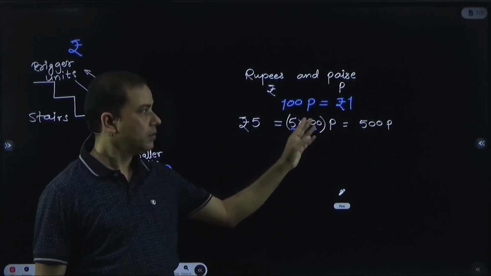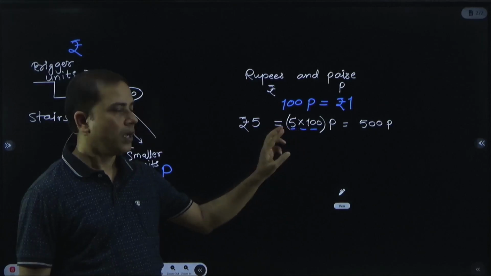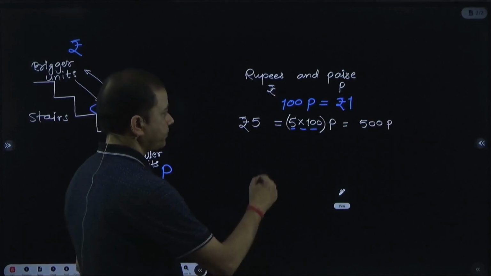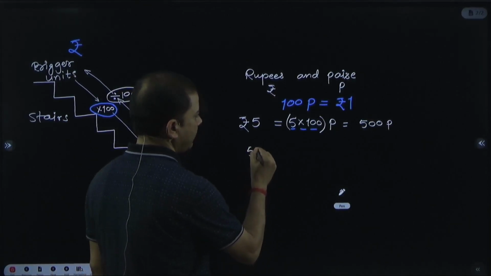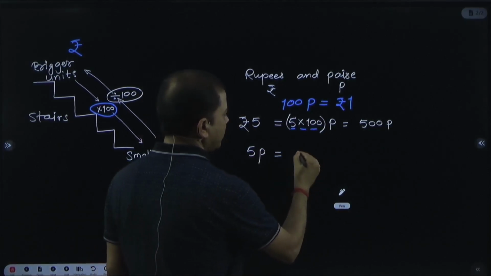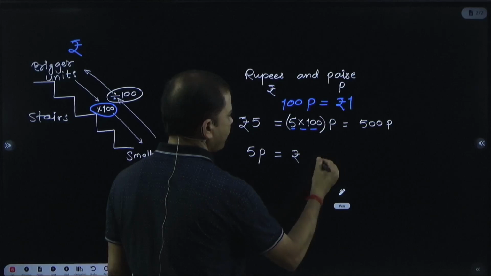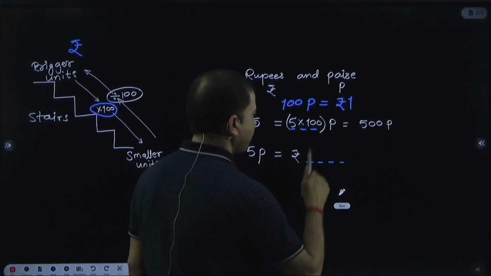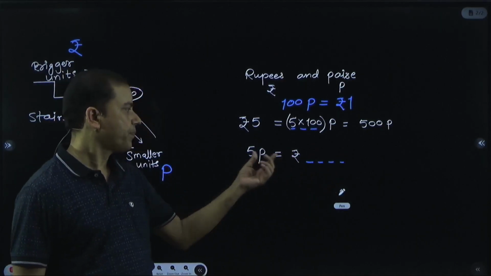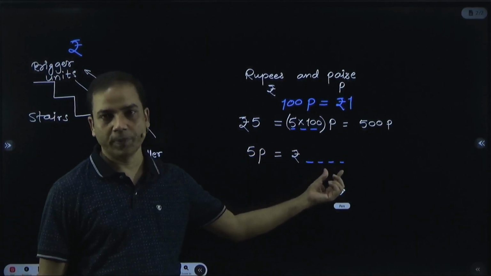What we did? Multiplied by 100. Now let us take another question, that is reversed. Let's say we have 5 paise and we need to change it to rupees. 5 paise equals how many rupees?